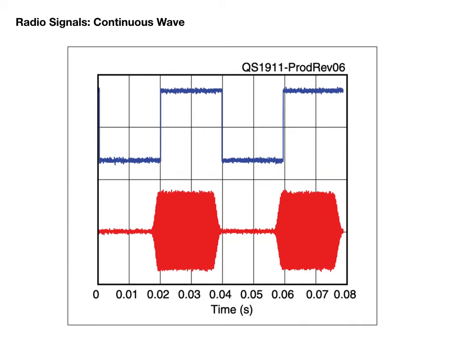Continuous wave, or CW for short, is the type of modulation we use when sending Morse code. It is the simplest form of modulation, as we're simply turning the transmitter on and off.